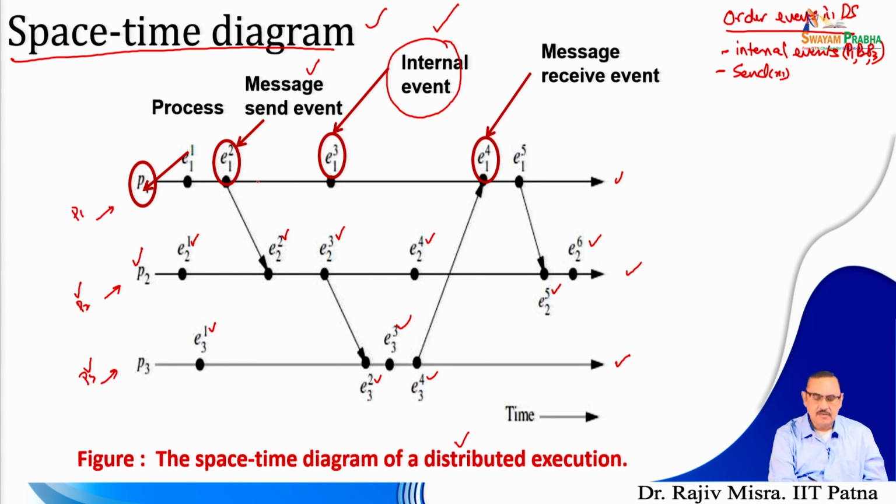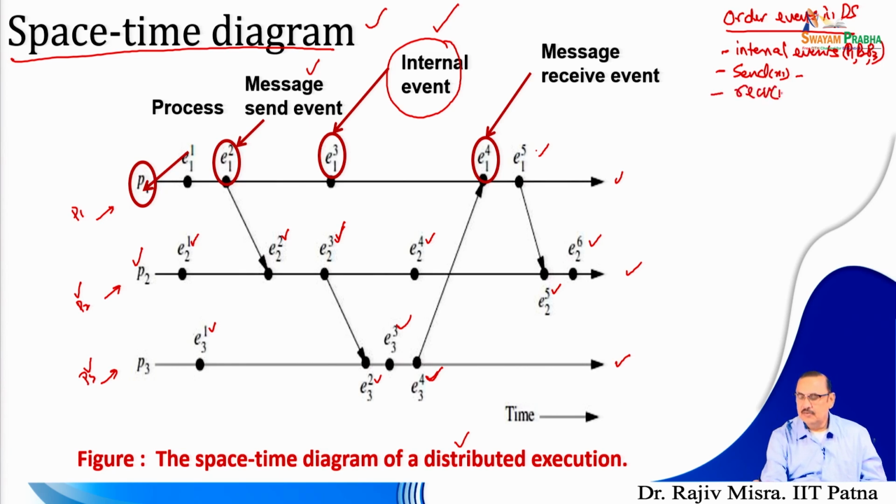Here you can see in process P1, event number 2 and event number 5 are the message send events. As far as process 2 is concerned, event number 3 is a message send event, and in process 3, event number 4 is a message send event.